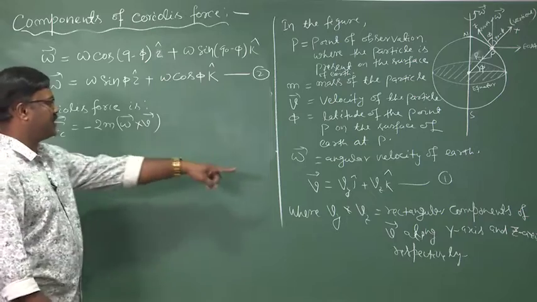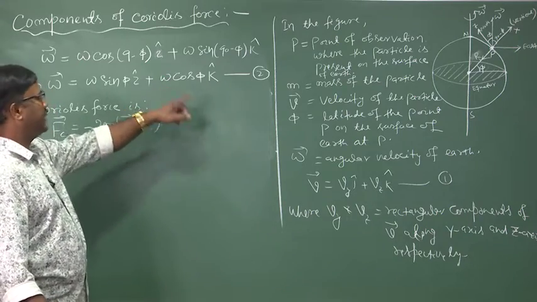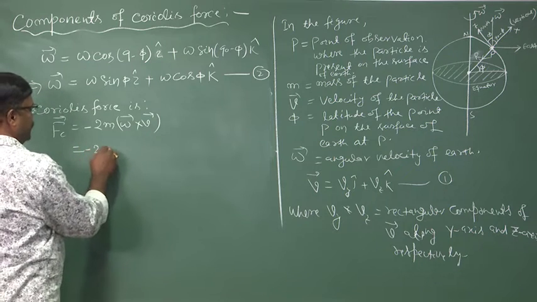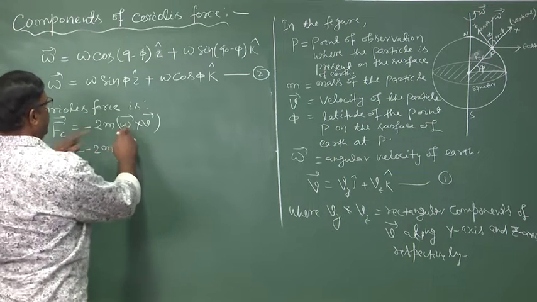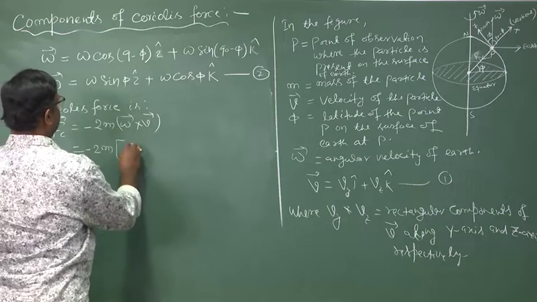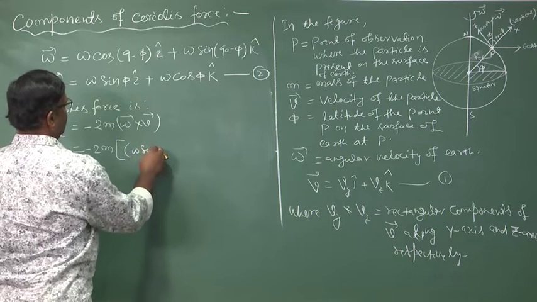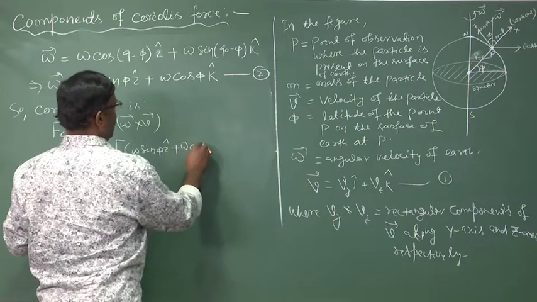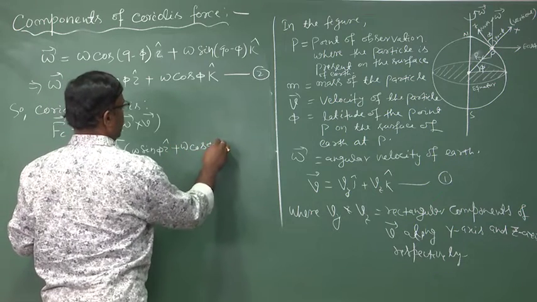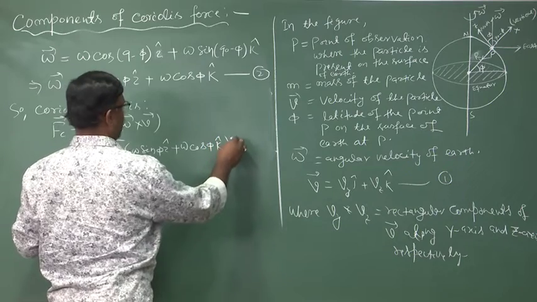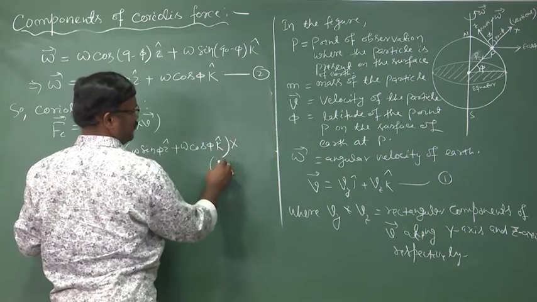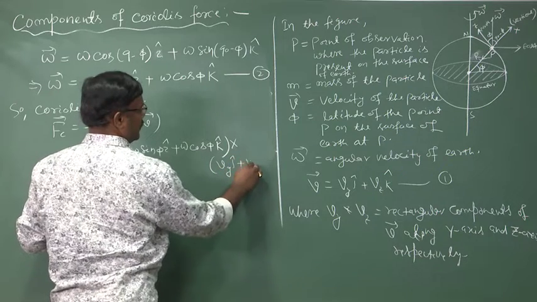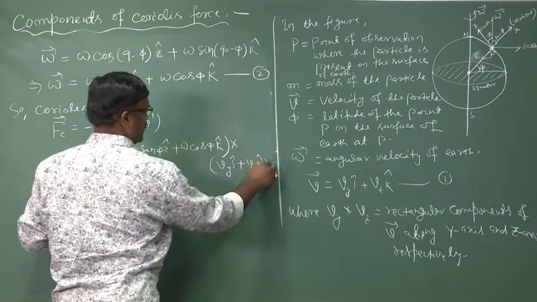And from equations 1 and 2, we can write the values of V and omega. So, this becomes minus 2m, in place of omega we can write omega sin phi i cap plus omega cos phi k cap cross Vy j cap plus Vz k cap.